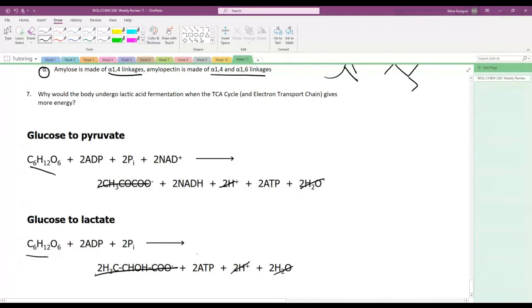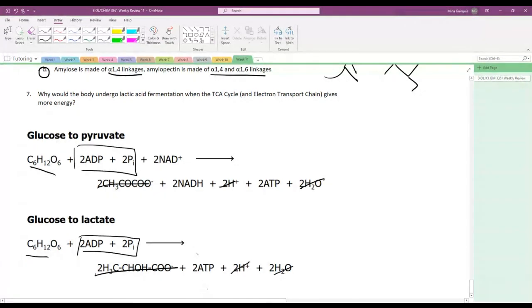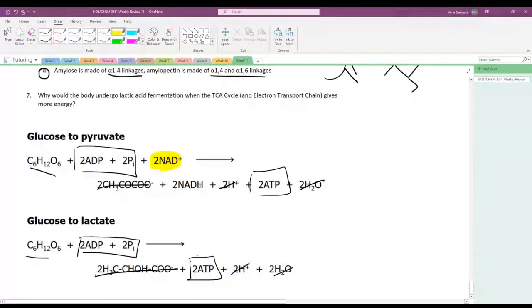They're all the same. And then finally, this part is the same across both reactions, so we're not going to worry about it too much. So really, the only difference between pyruvate and lactate reactions is the presence of NAD plus and NADH.